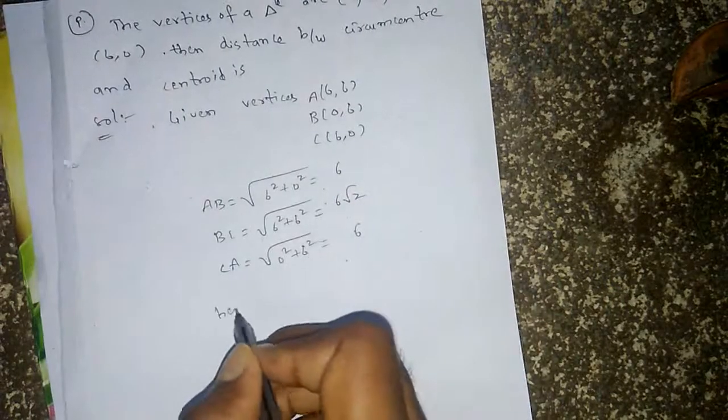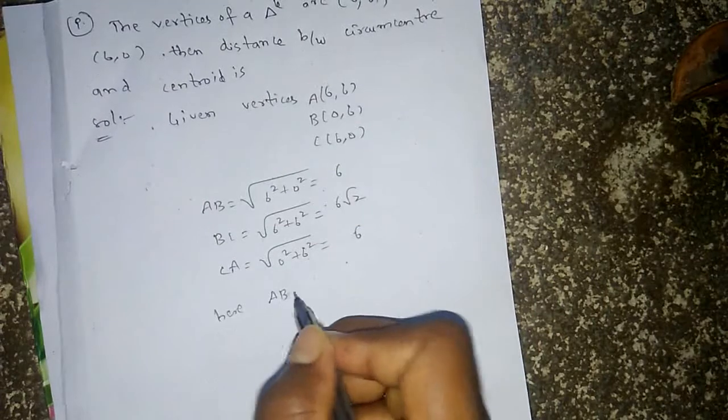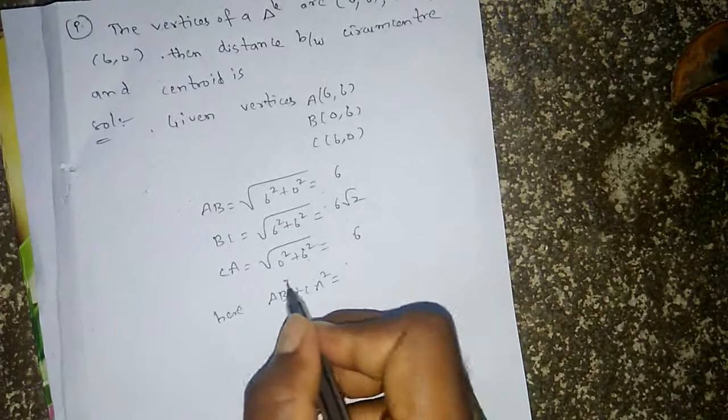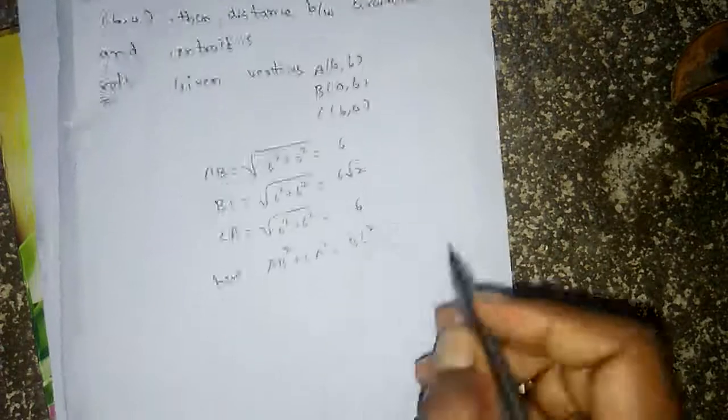Here AB square plus CA square is equal to BC square.